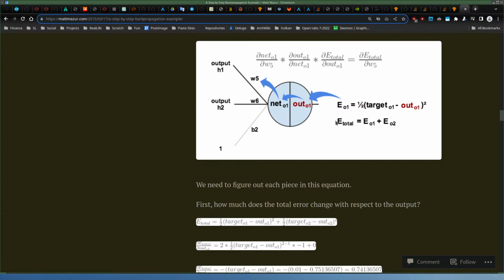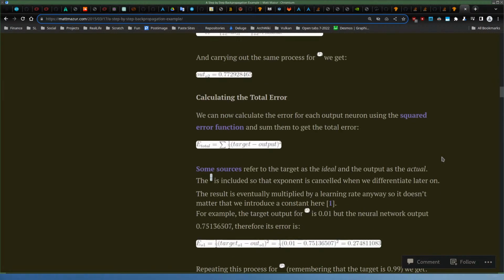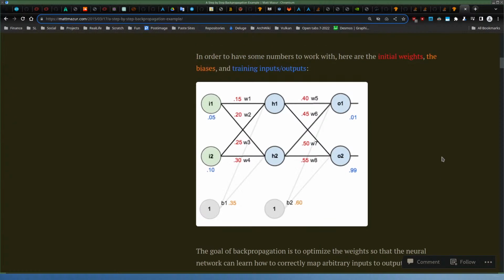Yeah, because as we saw, W5 has no influence at all on EO2 because it has no influence on out O2. You can also see that here. W5 only has an influence on O1, but not on O2.